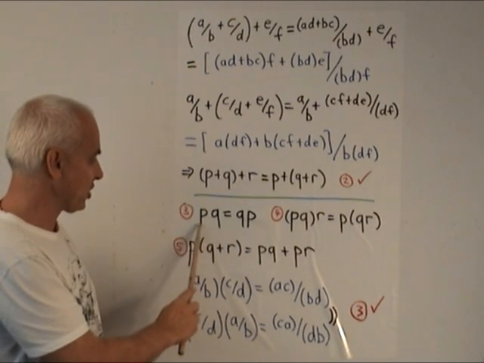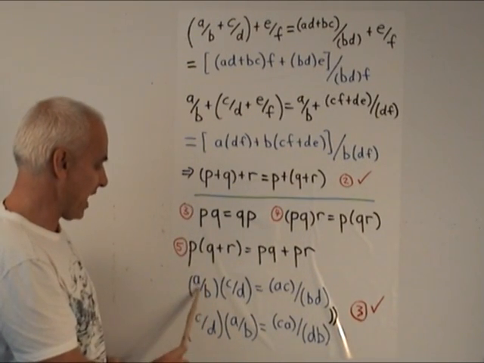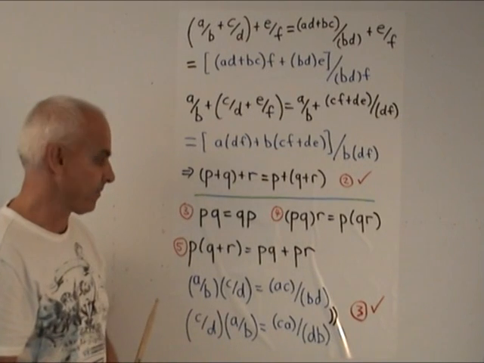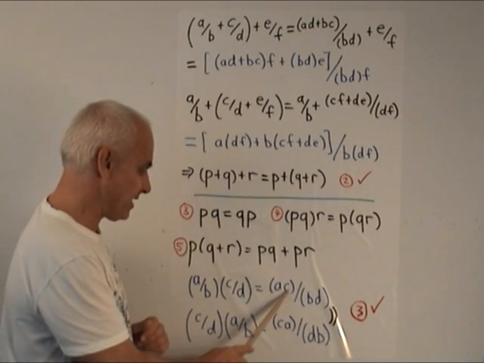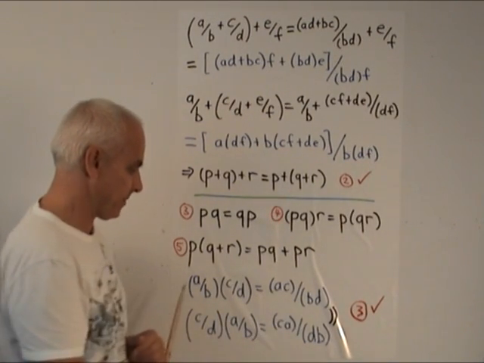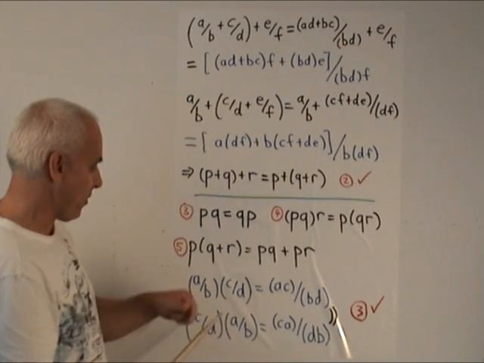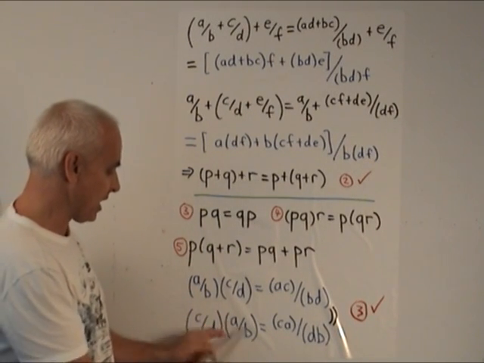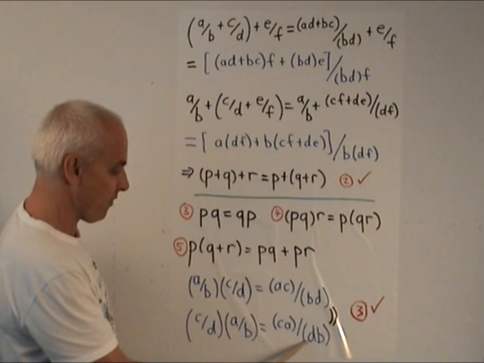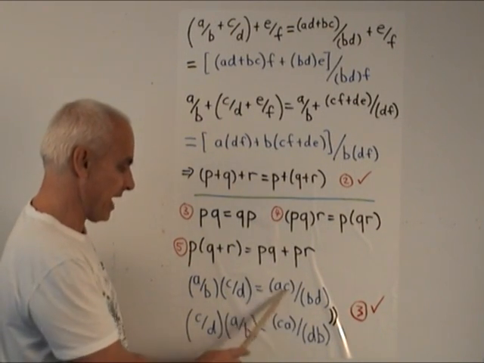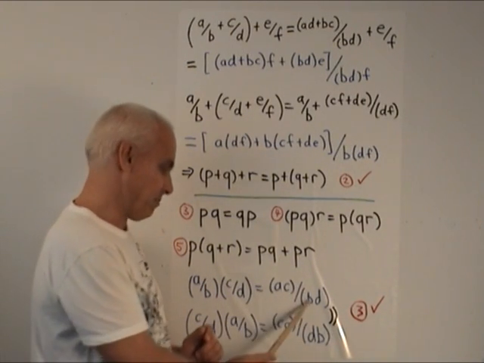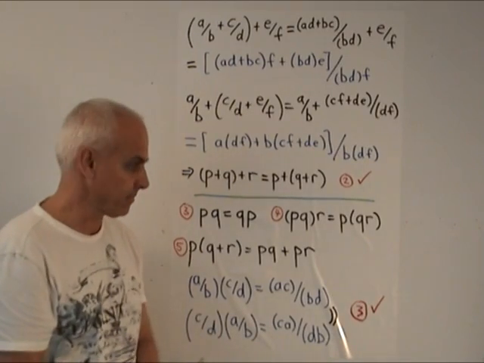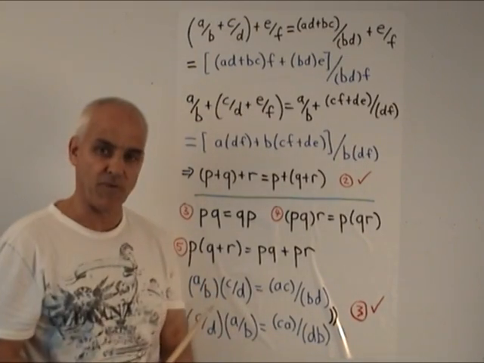Using the same notation as above, P times Q, there's A over B times C over D, equals AC over BD. While the other way around, it would be C over D times A over B. We would get CA over DB, and these are the same because AC equals CA, and because BD equals DB. So that's our commutative law.